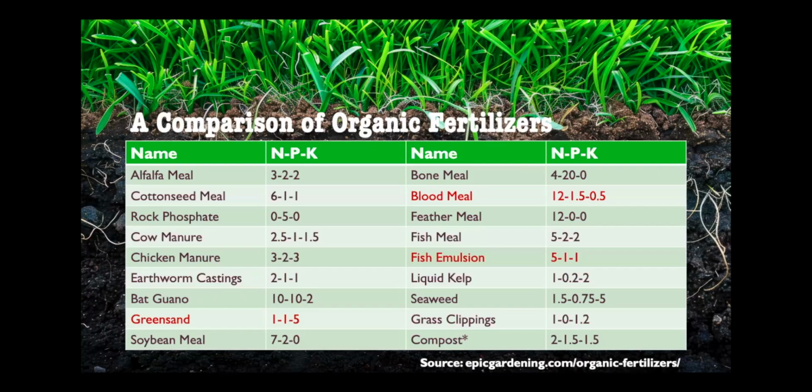So the first number here is the percent of nitrogen. The middle and last number are technically the percent of a compound that contains those. It's not pure phosphorus or pure potassium. So the number you see there is actually a little bit less than that. So this is just a guideline so you can compare them.